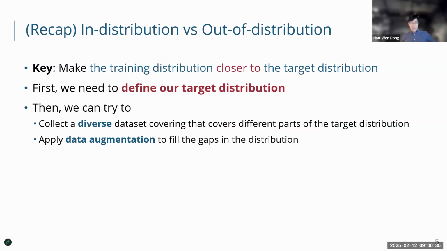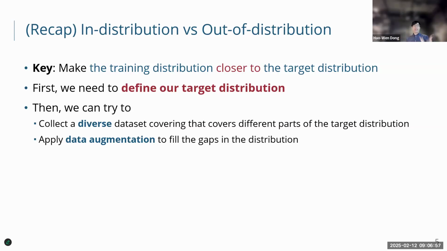So the first thing we talked about is the concept of in distribution and out of distribution. So the general goal of deep learning and machine learning in general is to make the training distribution closer to the target distribution. And keep in mind that the target distribution is always hard to define.